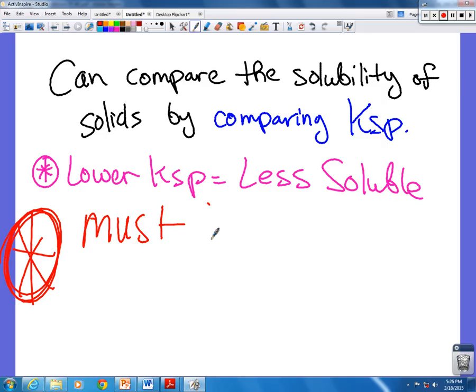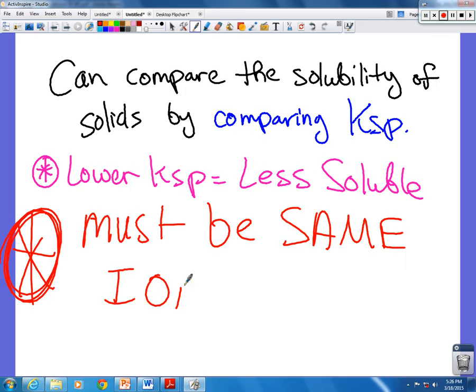Must be the same ion to ion. So the only time that you can compare the solubilities of solids using their KSP is if they're the what? Same ion to ion ratio. That's it. It's the only time you can compare them.